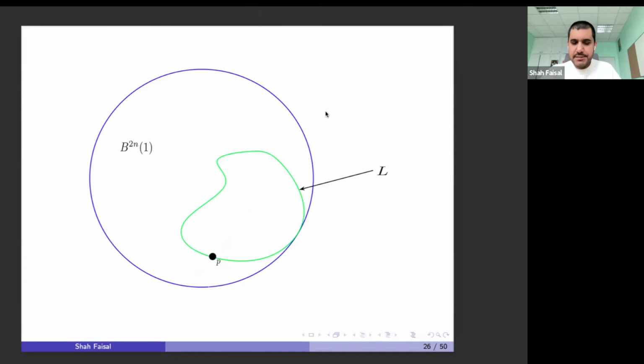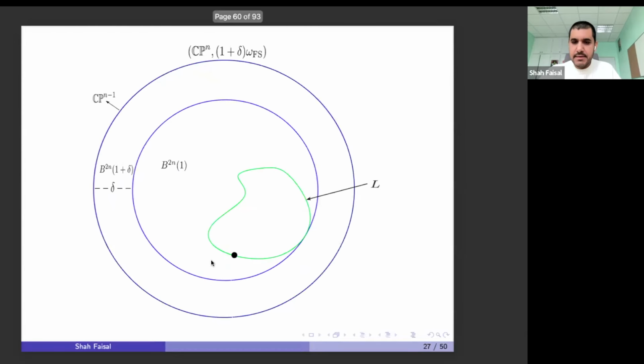So I pick a point on the Lagrangian, but in the interior of the ball. And next, I extend the ball by some gap delta. And then I compactify to CPN. Of course, I have to scale the symplectic form on CPN. And now I can see L as a Lagrangian torus in CPN.